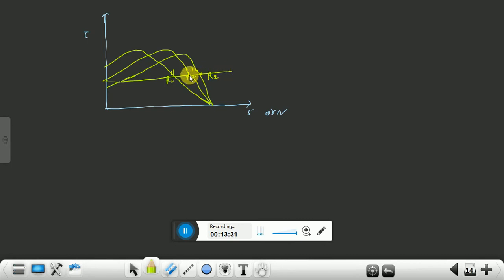In this case, this is your slip or speed axis. Here, at this point our slip is 1, and at this point our slip is 0.